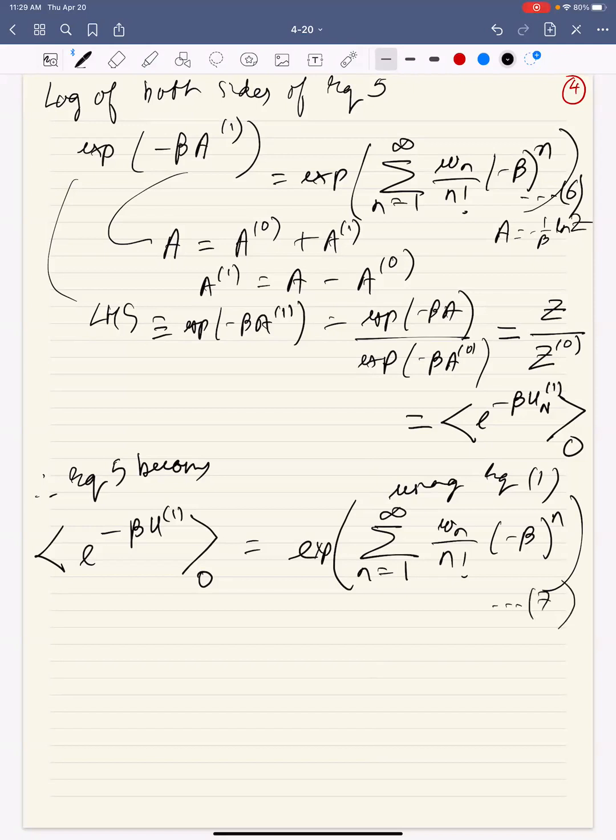So it still looks quite gnarly. What we are going to do now is to dissect both sides of the equation more and then compare terms one by one.